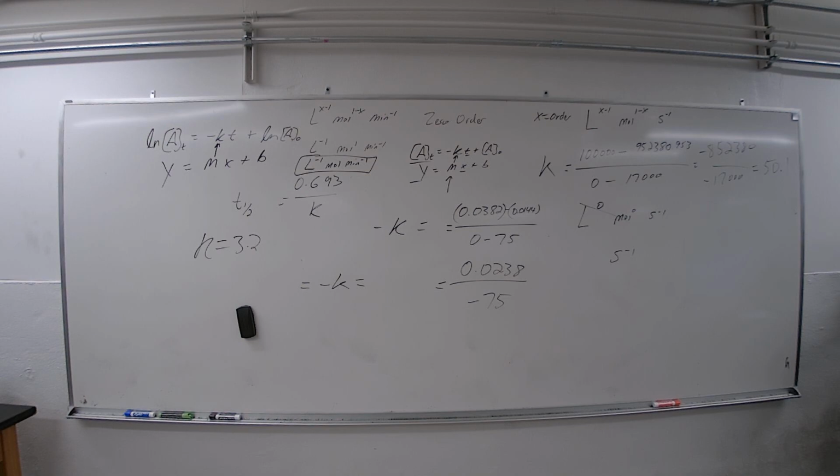I have 3.2 times 10 to the negative 4. Did I do something wrong? Is that incorrect? The times 10 to the negative 4. This minus this is not going to be huge, divided by 75. I think that the 10 to the negative 4 is wrong.